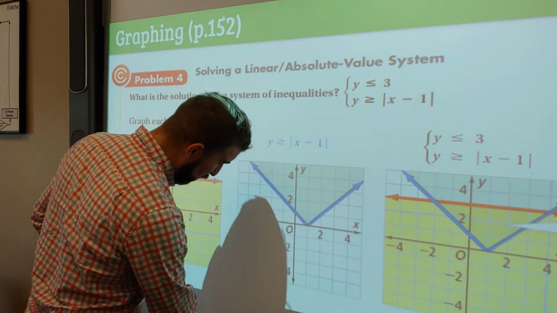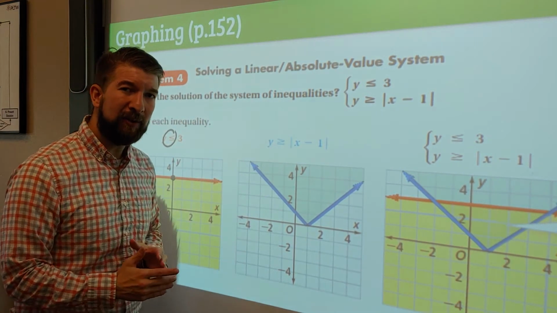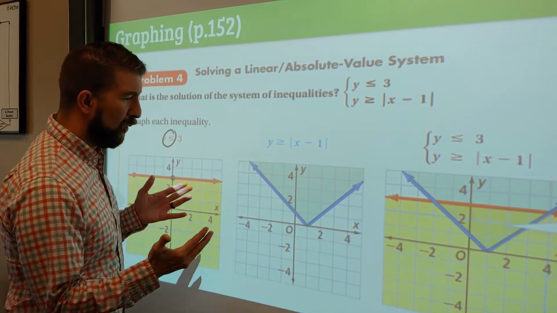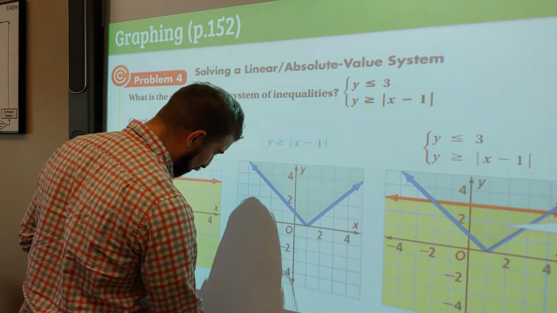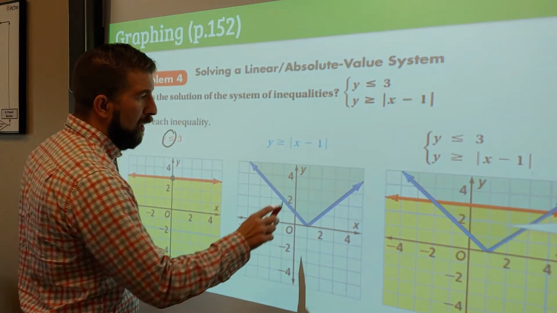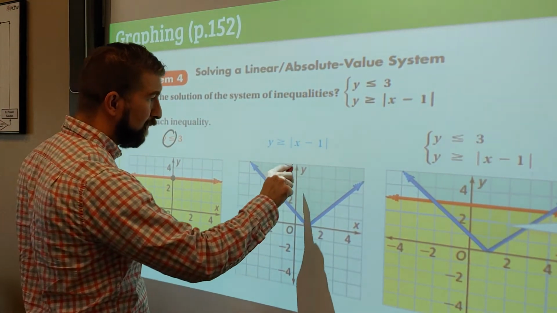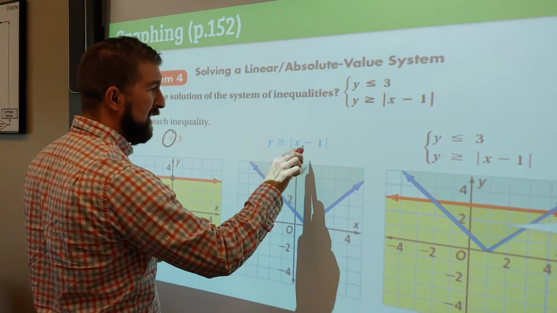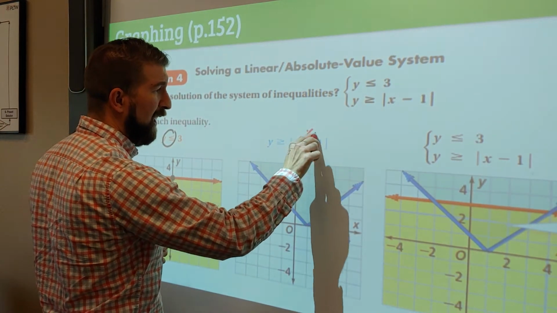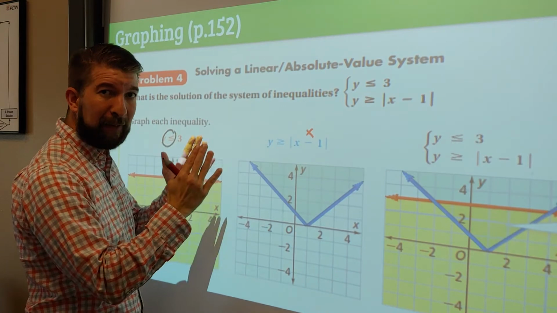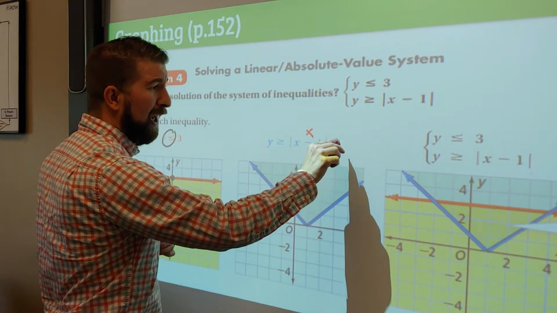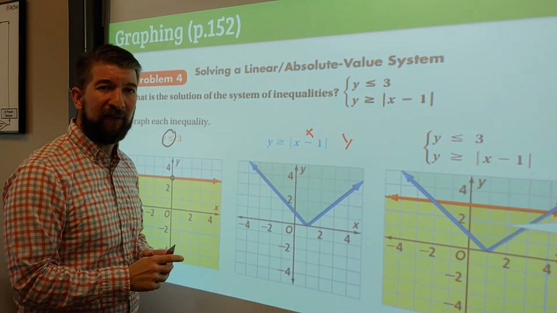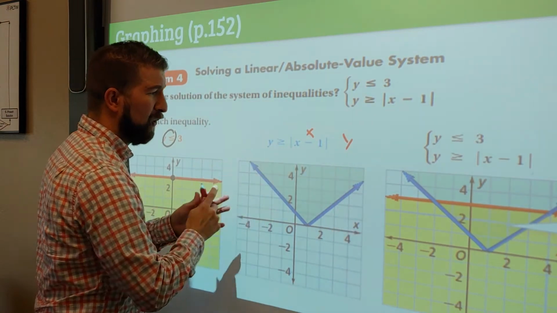Then, for absolute values, the shortcut is this. You're going to have a vertex, and the x value of the vertex is based on what's inside that absolute value bracket, and the y value for the vertex is anything after it.